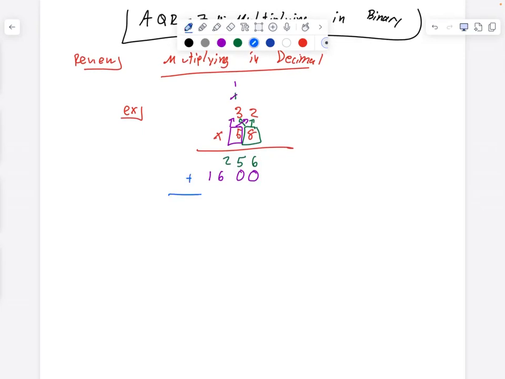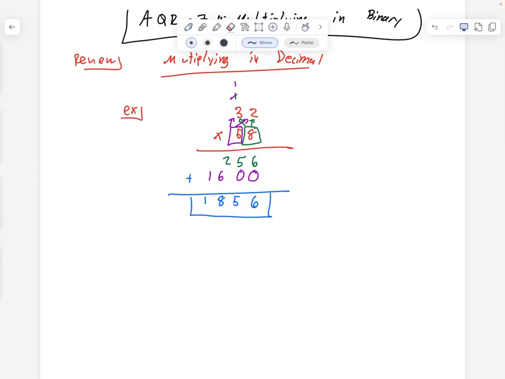Now I add these two answers and I get 1,856. We finish with an addition problem at the end, and that is the basic process of multiplying numbers. This should be a skill that you all have mastered by the 9th grade, to be able to multiply two numbers in decimal.